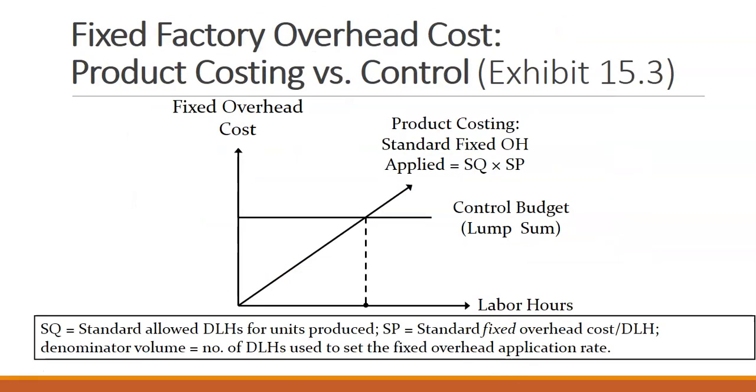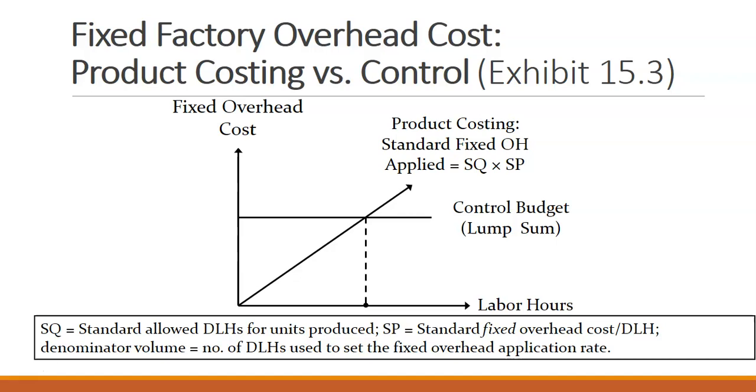Now we're going to move into discussion about fixed overhead costs. So fixed overhead costs, we believe, has the assumption that it has a straight line or there's a controlled budget lump sum over a relevant range.